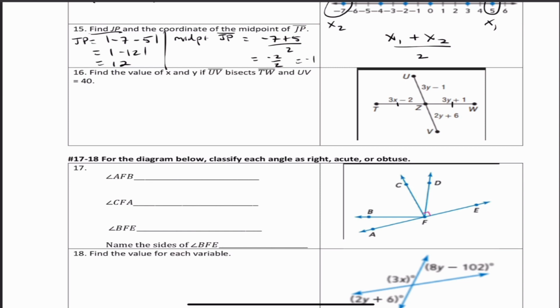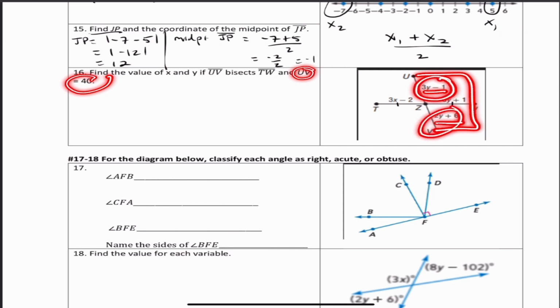So I need to figure out how to plug into either x or y so I can solve for one of the variables. If we look back at 16, find the value of x and y if segment UV bisects segment TW and UV is 40. Well, look at this. I have one expression with y and the other expression with y. Part plus part is equal to a whole.